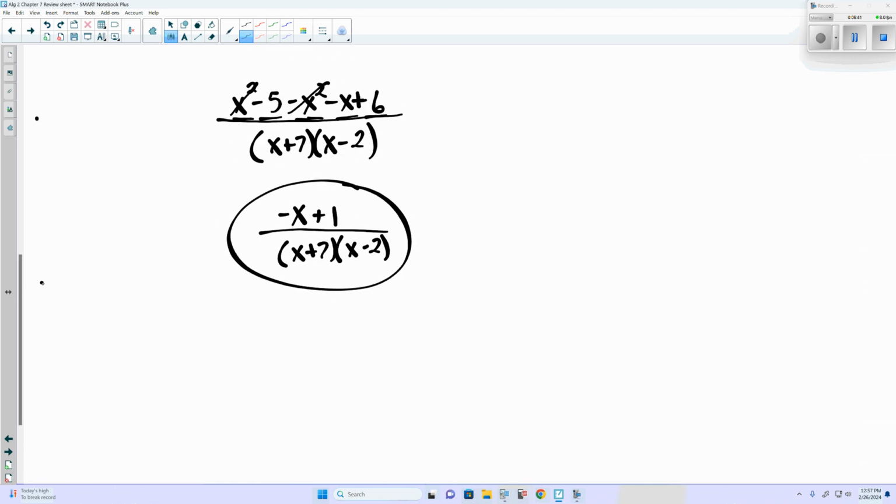And that is our final answer, because we could factor the negative out, giving us negative x minus 1. I will take either one of these, but either way, it's still the right answer. There's nothing that simplifies on top and bottom. Questions on this here?